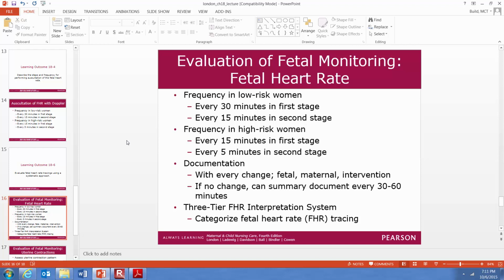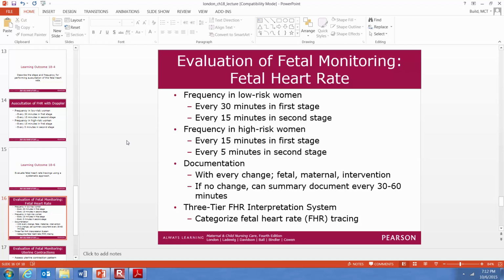So when a woman is on a fetal monitor, especially if she's on continuous fetal monitoring, documentation does not need to occur every time you do an assessment. According to AWHONN, we have to assess at these frequencies listed here.